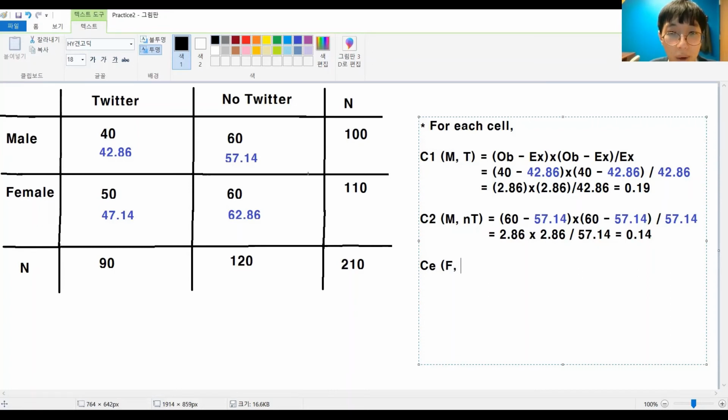So female with tweeter count. I want to calculate this number from these cells.